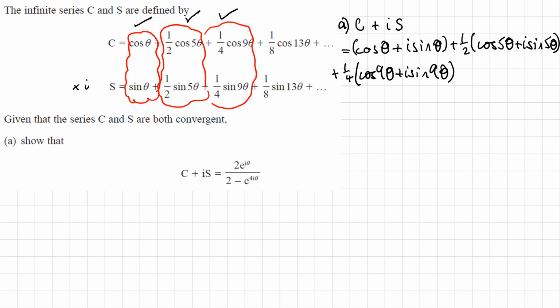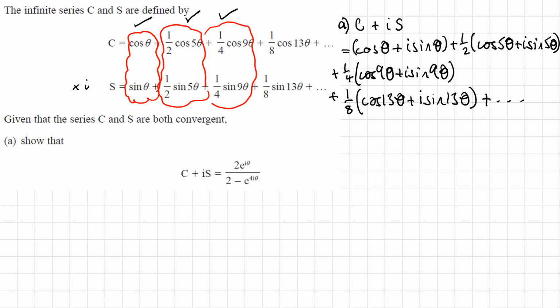And then I'm just going to group together these last two here, so plus 1 over 8 cos 13 theta plus i sine 13 theta. And then plus dot dot dot, because it goes on forever.